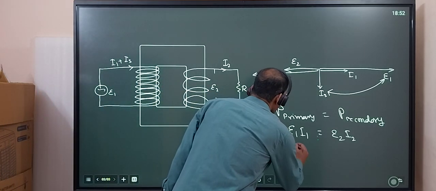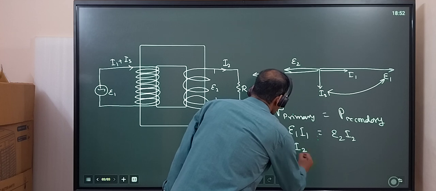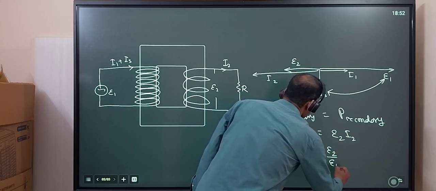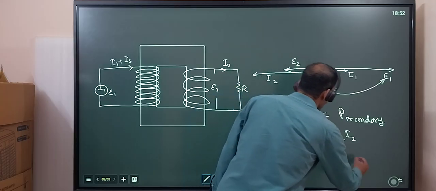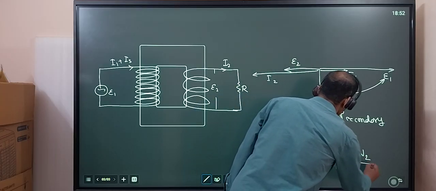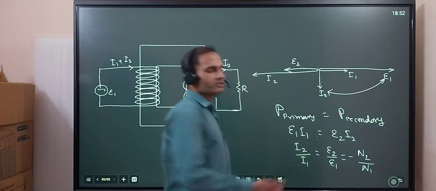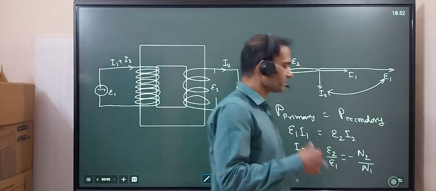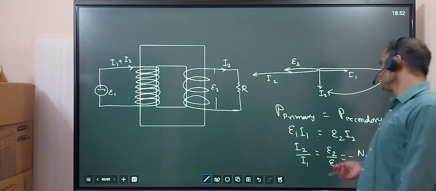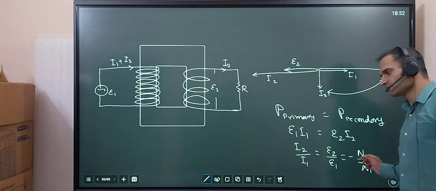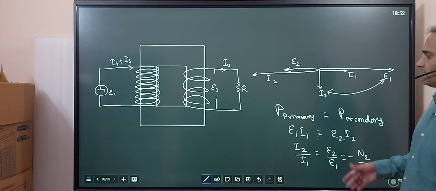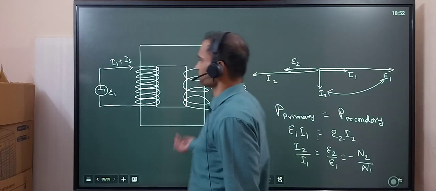So the I1 by I2 ratio, we can find: I1 by I2 will be E2 by E1, that is minus N2 by N1. Because N2 is smaller than N1 in our particular case, we see voltage is increased but current is reduced. And power will remain the same.